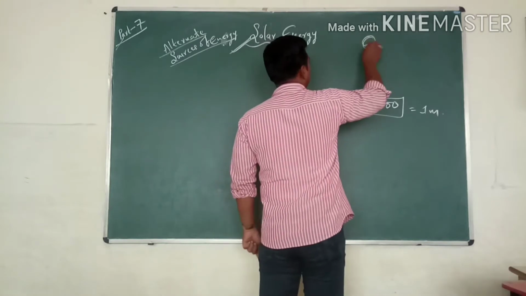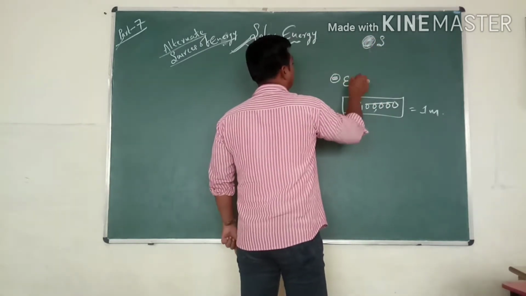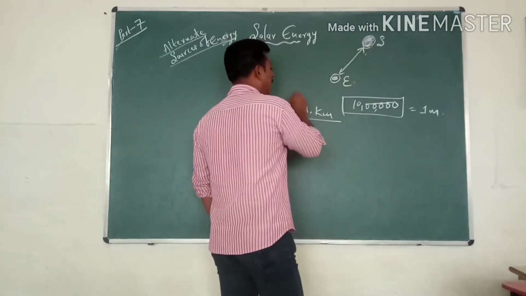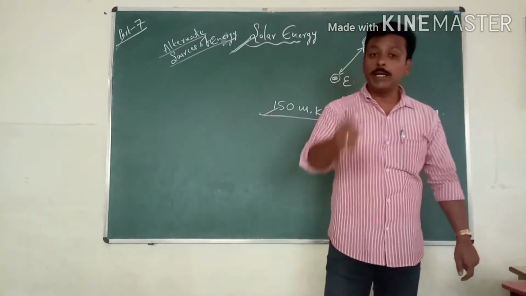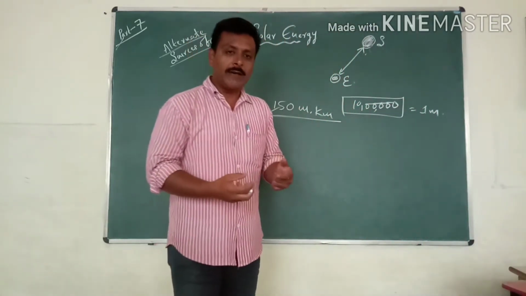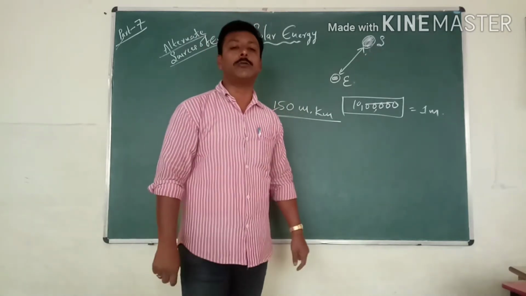If this is the sun and this is the earth, the distance between these two itself is 150 million kilometer. Daily we are getting the light. Right now we are having light in our classroom. Right now you are having light inside your house.